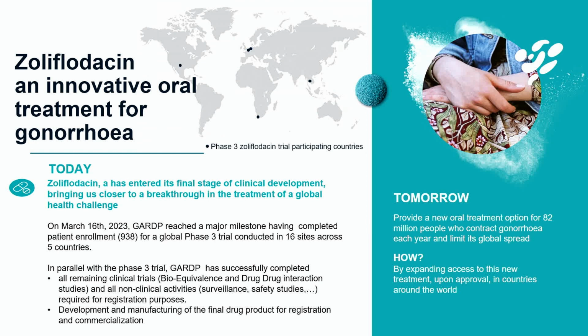In March this year, we reached a major milestone for such a new organisation, having completed patient enrolment for this phase 3 clinical trial in 16 sites across 5 countries. Bearing in mind our organisation is only 5 years old this month, it's important to say that we were told you'll never get a phase 3 trial up and running.